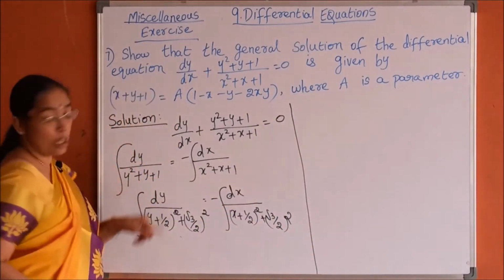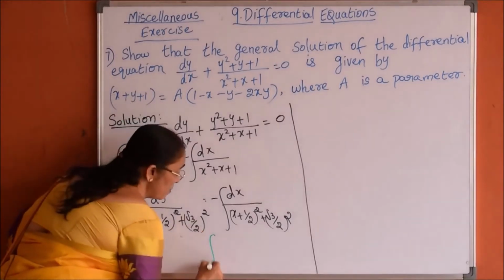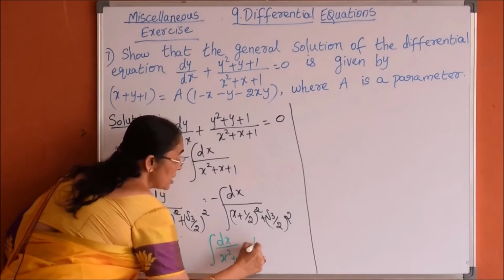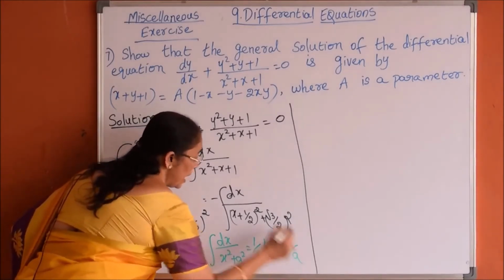Now, this is the form of integration of dx by (x square plus a square), which is nothing but 1 by a tan inverse of x by a formula.